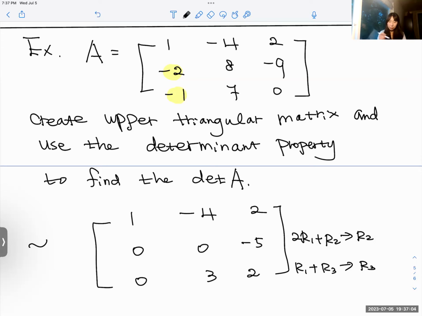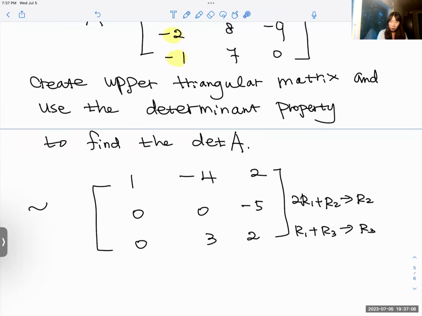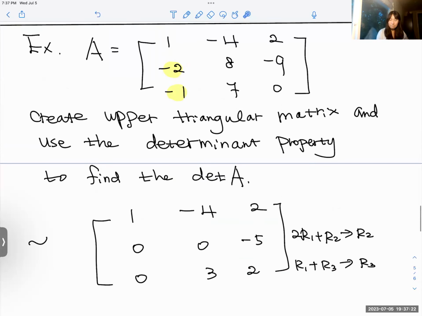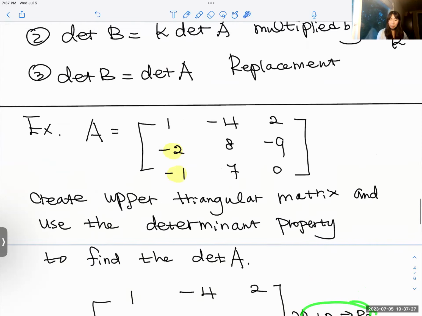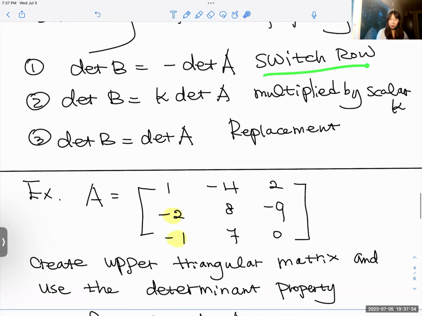Okay, now we don't want 0 in that position, because if we have 0, everything is 0, right? Then we do an interchange. So look, this is a replacement, right? If we have a replacement, since it's the same, we don't do any action. Switch the row, we put the negative sign.